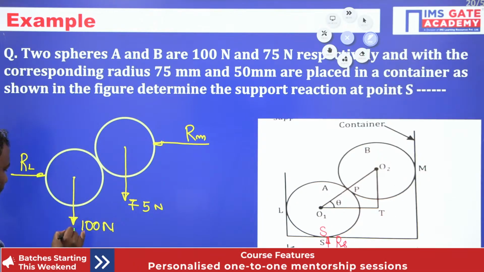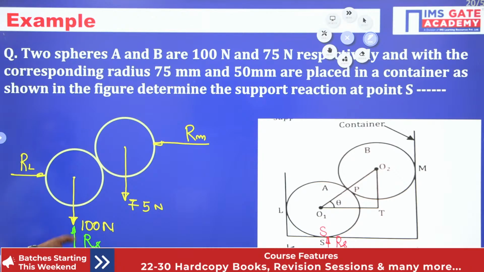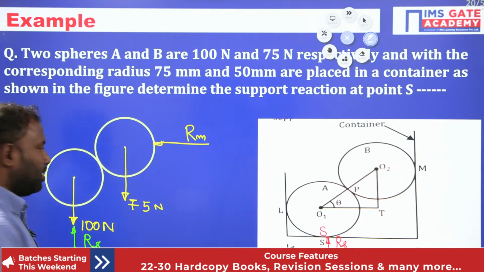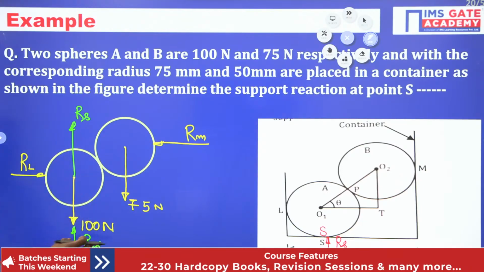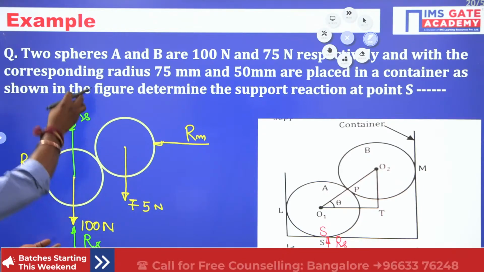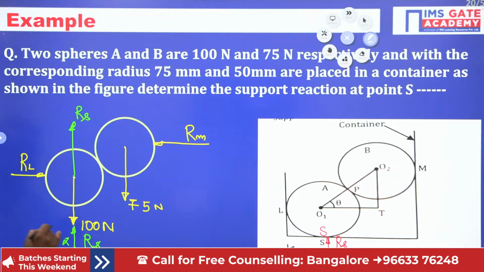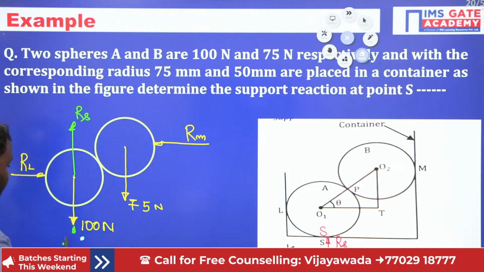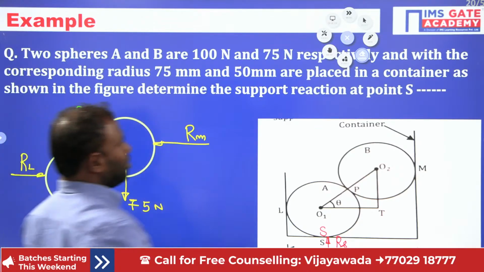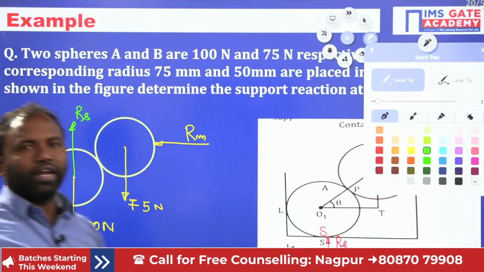Here I require RS. RS is going to act in the upward direction. Here it is quite clumsy, that is why I place RS over here. Now you need not draw this. Clear, everybody?